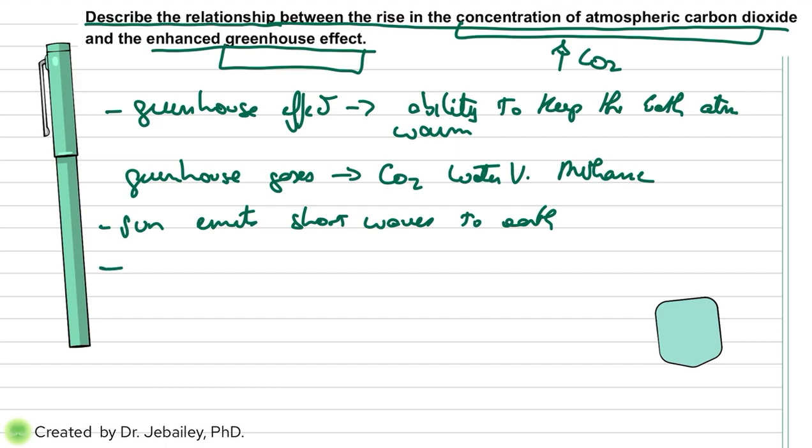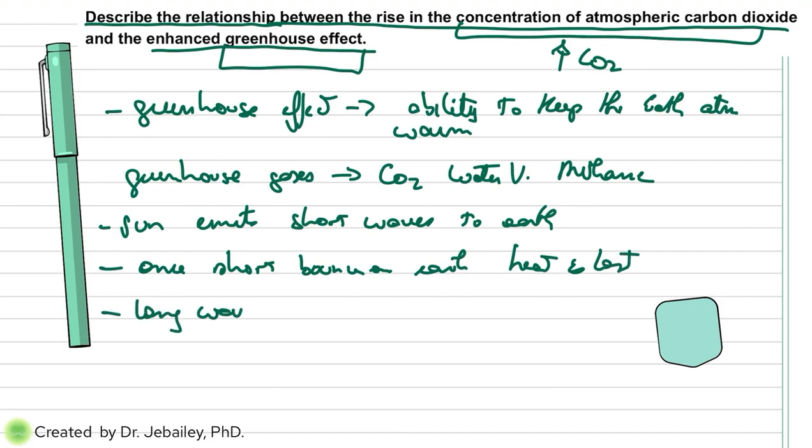And then how once the short waves bounce on earth, heat is lost, and that becomes a long wave emitted by the earth, right? So the long wave is emitted by the earth to go outside the planet.